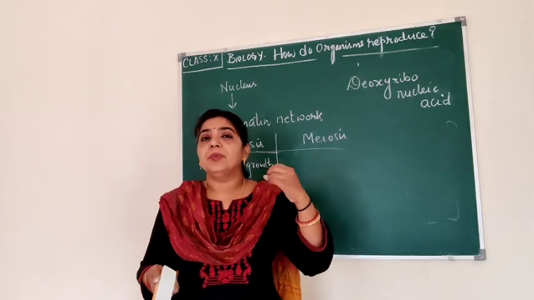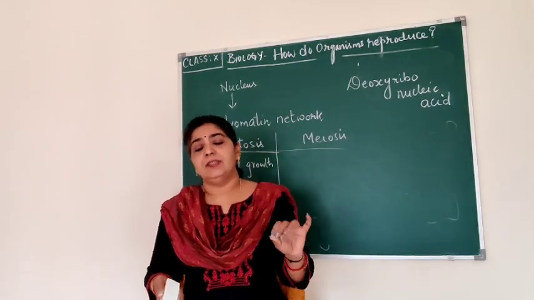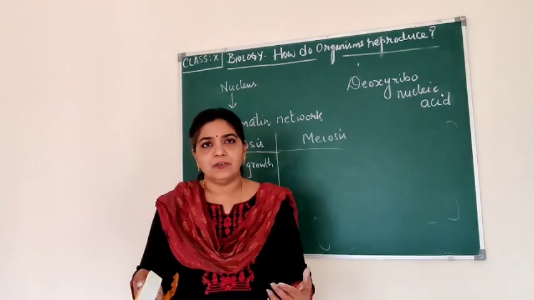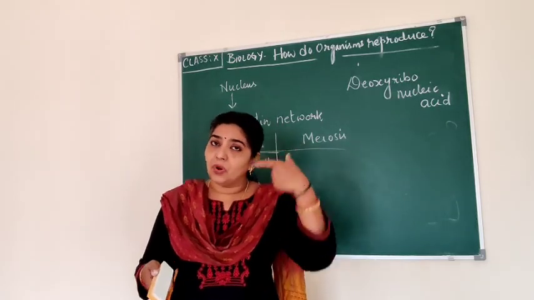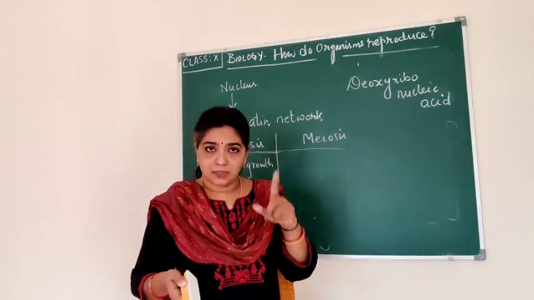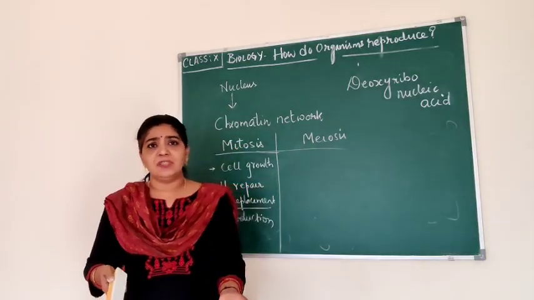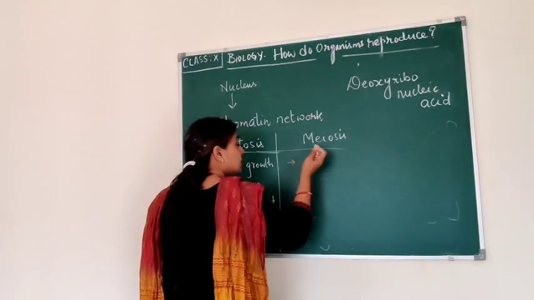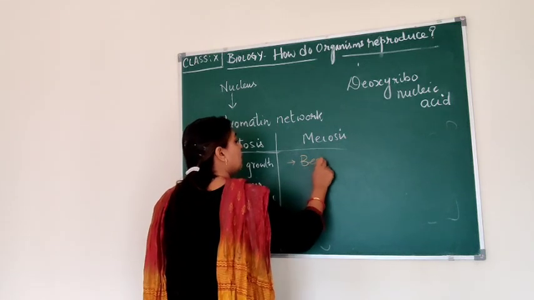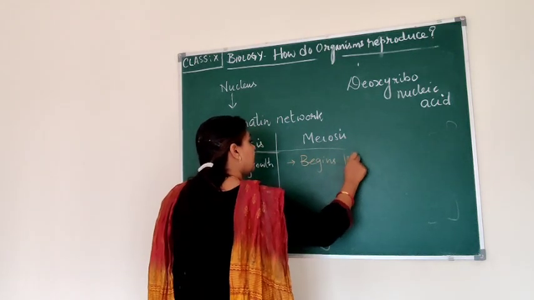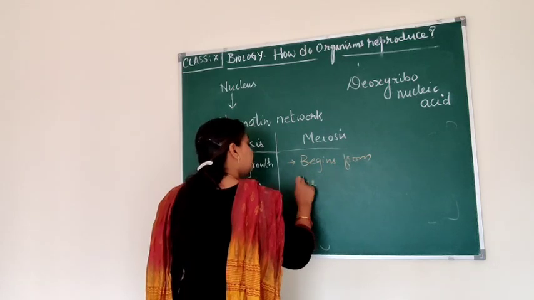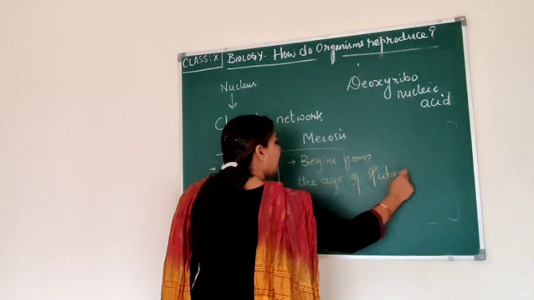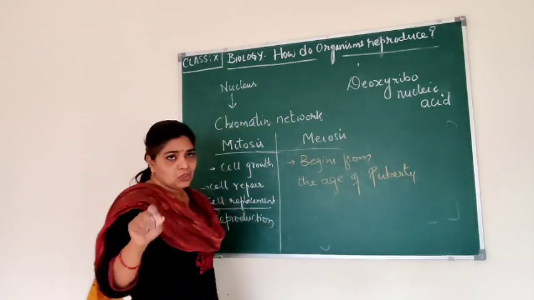That is when meiosis cell division will be seen, and it is up to a certain age. After that, meiosis cell division will not be seen. Mitosis, throughout our lifetime, we see mitosis cell division because it is necessary, isn't it? Meiosis cell division begins from the age of puberty, and after a certain age, it stops.